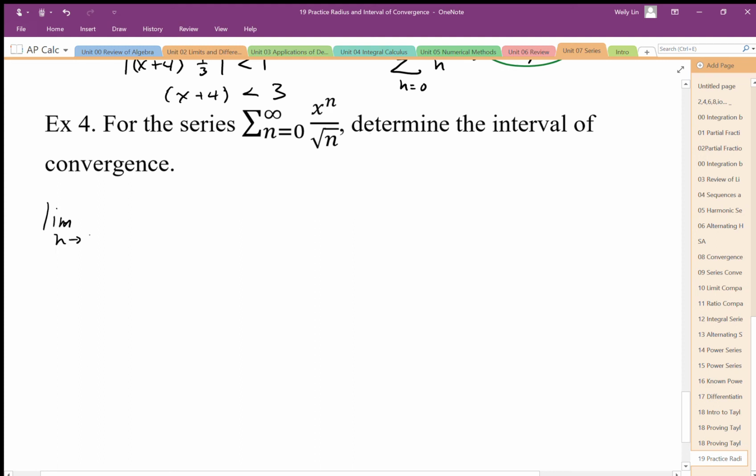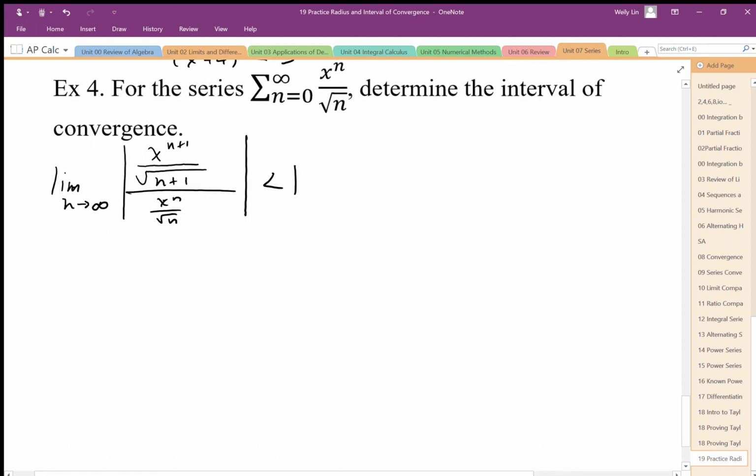So limit as n goes to infinity, x to the n plus 1 over square root of n plus 1, all over x to the n over root n. Okay, so I want to know where that is less than 1.